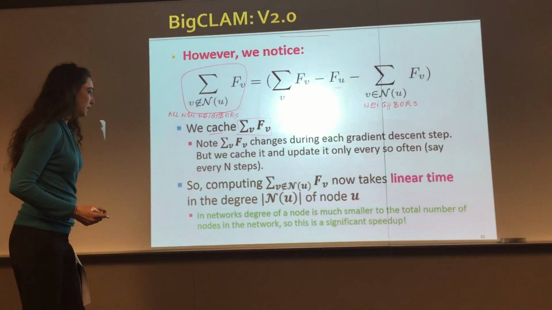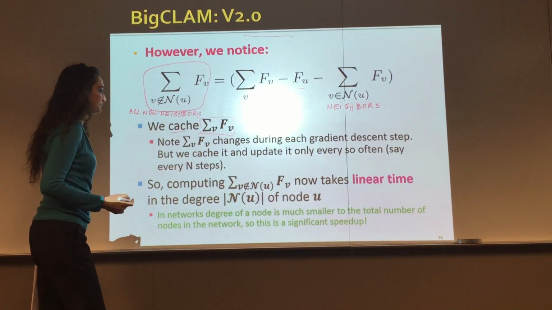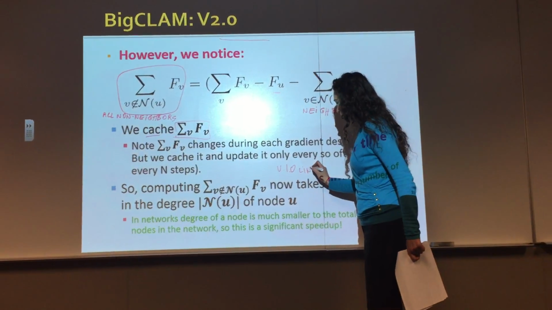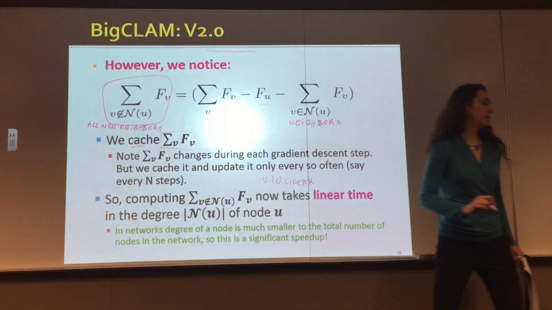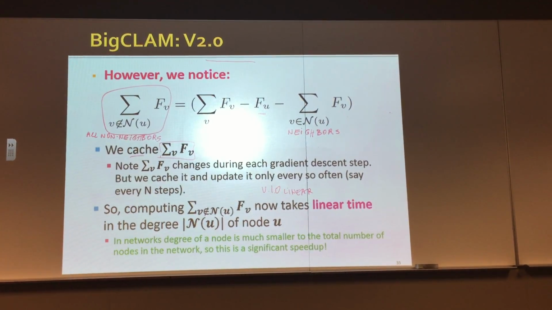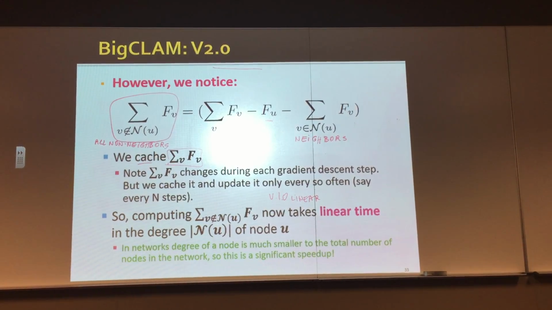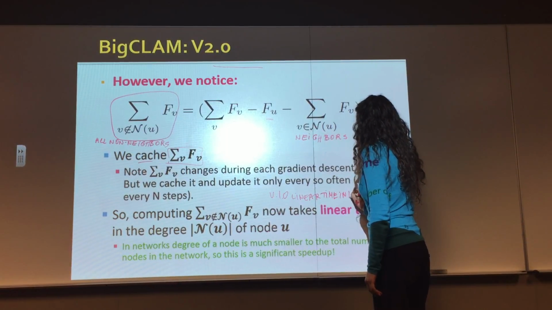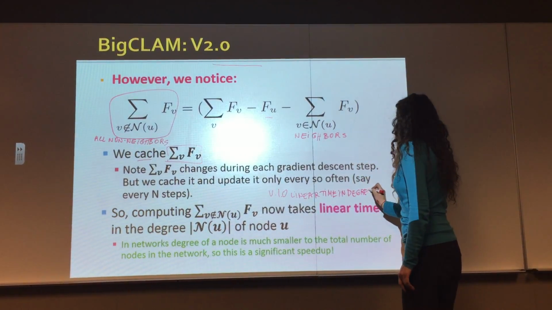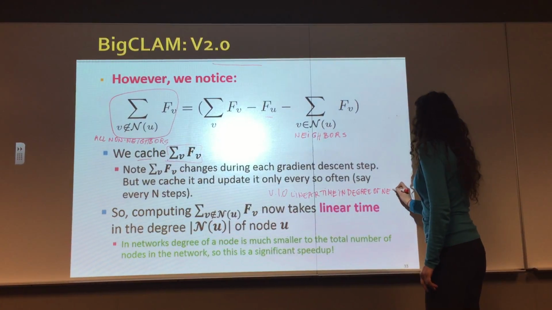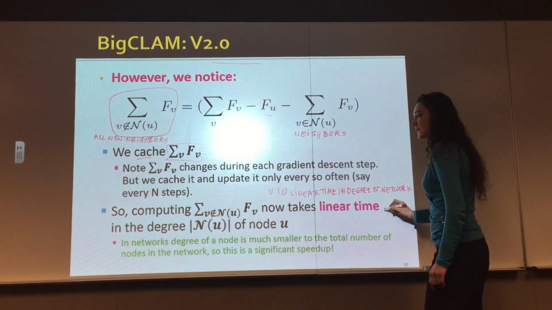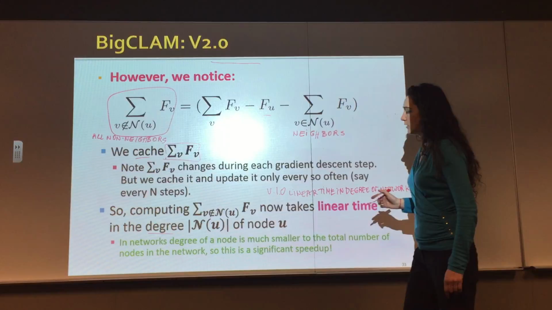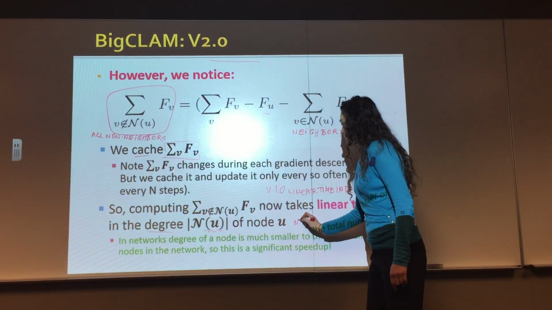If we do so, before, version 1 had linear time in the degree of the whole network. And now we have linear time, but in the degree of all the neighbors of a node.